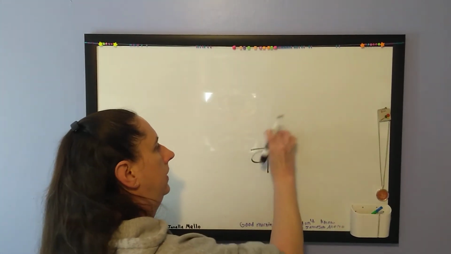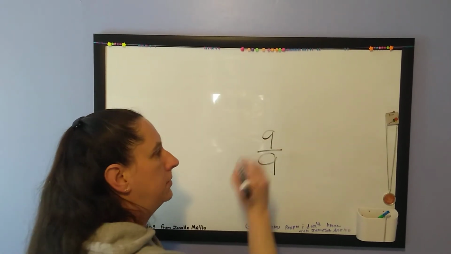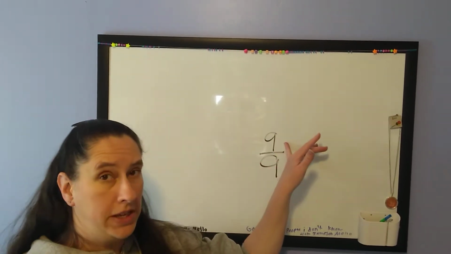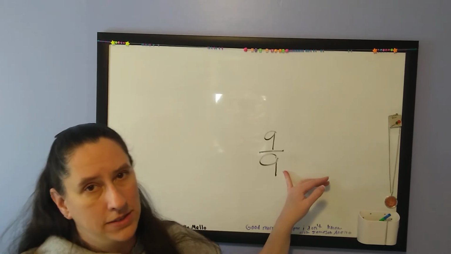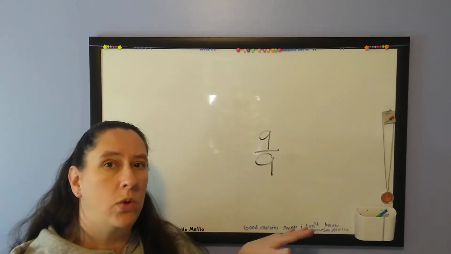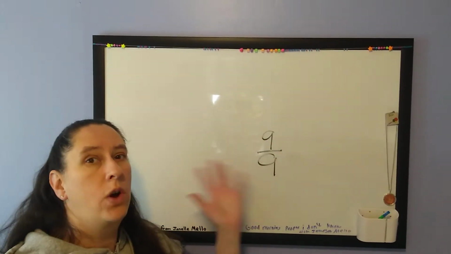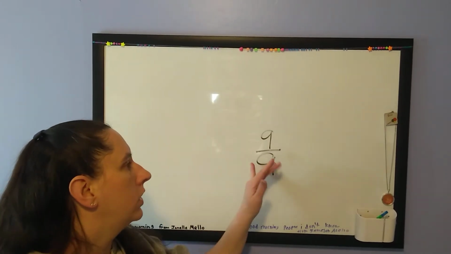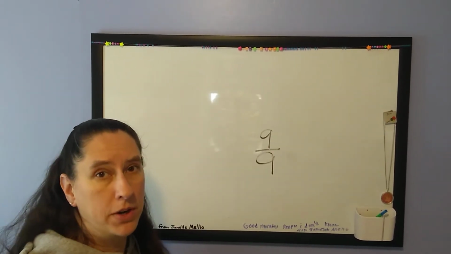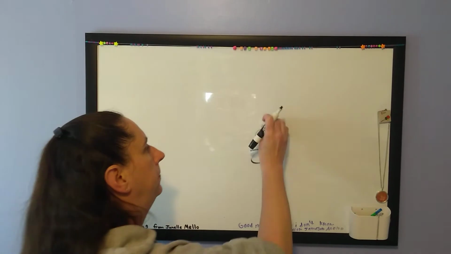And we just talked about this. If I have 9 pieces and it takes 9 pieces to make a whole, then I do have a whole pizza, or I do have one whole. So when your numerator and your denominator are the same number, you have created a whole.